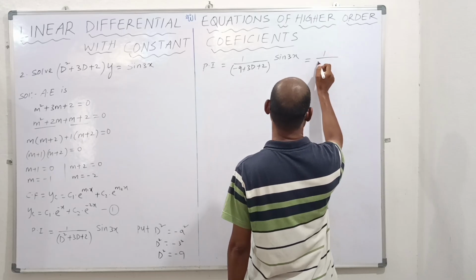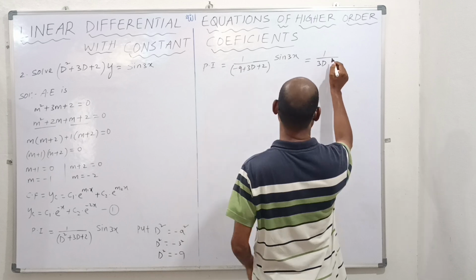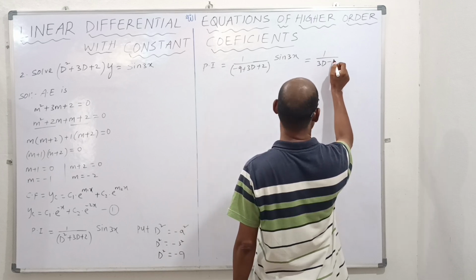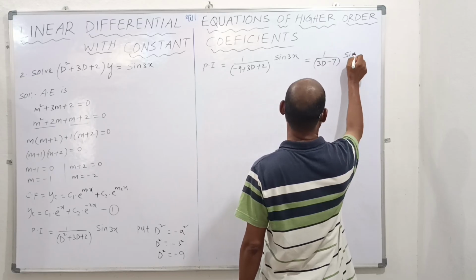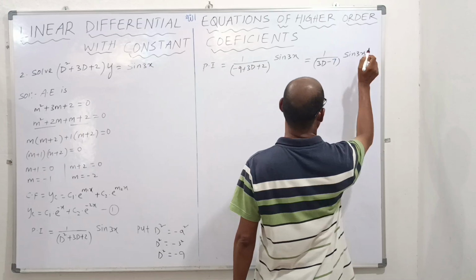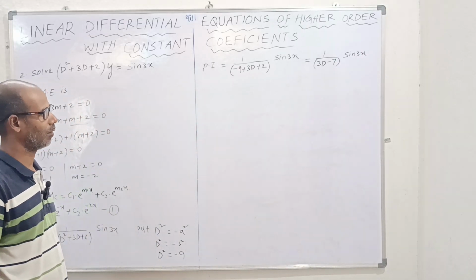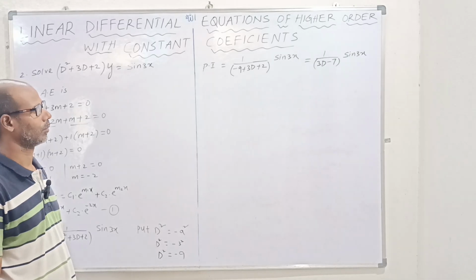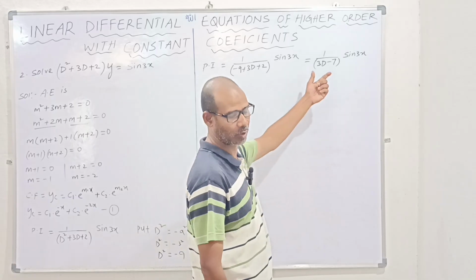So it is simplified as 1 upon 3D minus 7 times sine 3x.